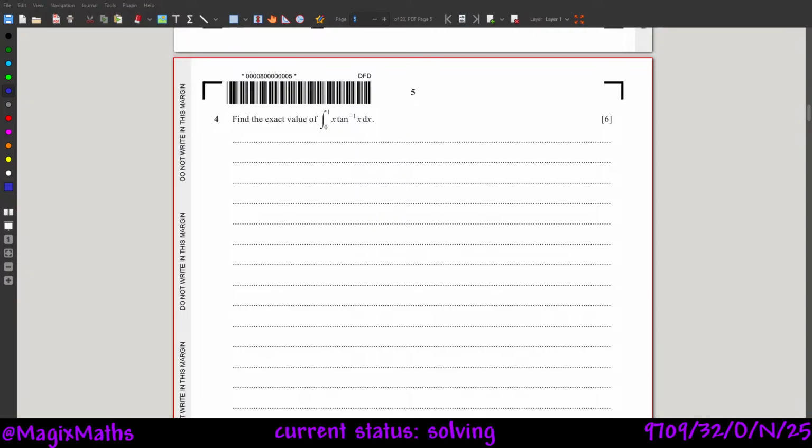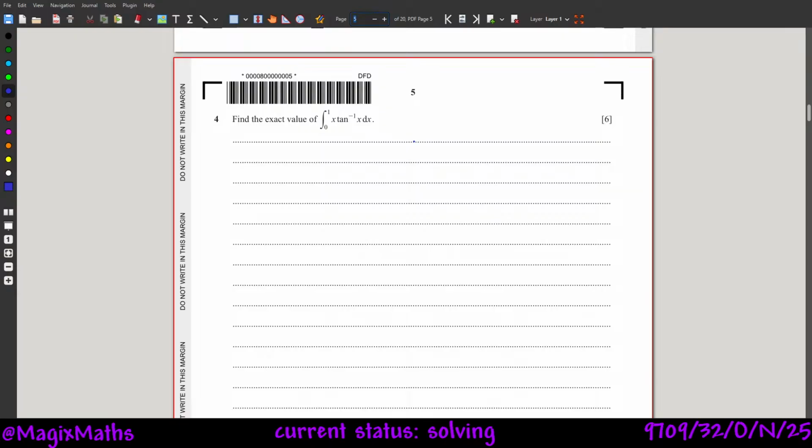Taking a look at our MF19, if we have anything related to inverse tangent, it doesn't look like we have anything related to inverse. So I believe we will have to figure that out ourselves.